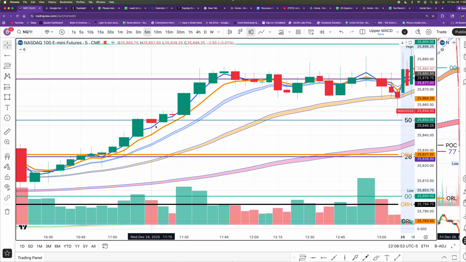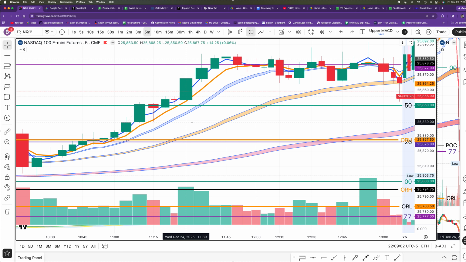This blue line here is the 1 minute 8.5 EMA. This gold one is the 1 minute 20 EMA. This blue band is the 5 minute 8.5 EMA. This is the 15 minute 8.5 EMA. And this is the 1 hour 8.5 EMA.